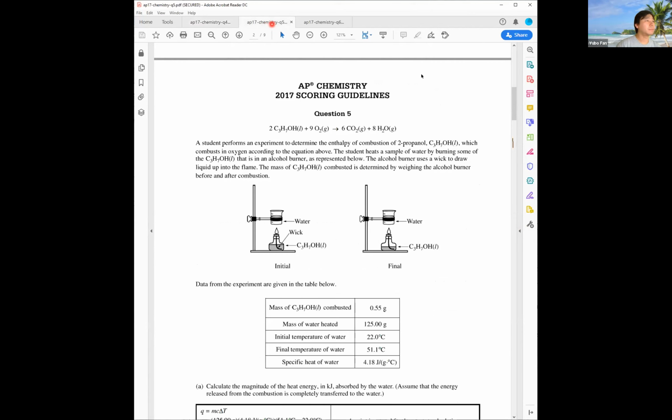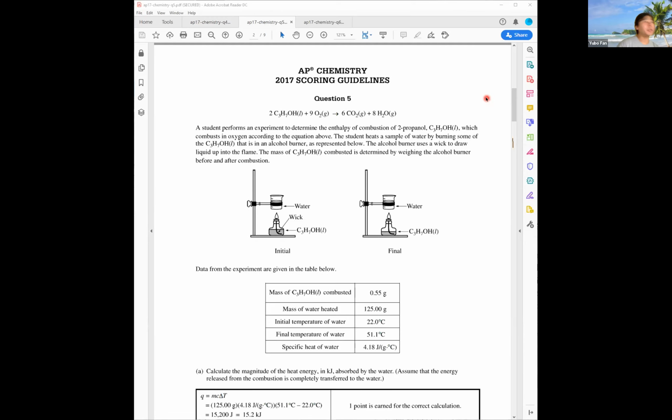Okay. Question 5 is about thermochemistry. It's the burning of an alcohol, so here's the reaction, the combustion of an alcohol like that. The OH here means hydroxyl, it's an alcohol.